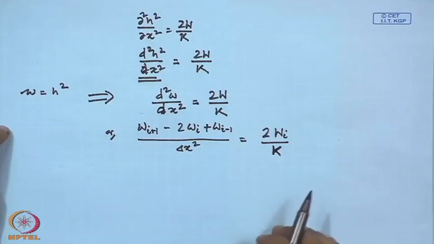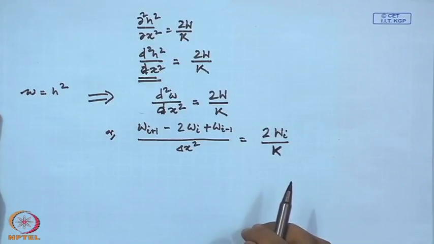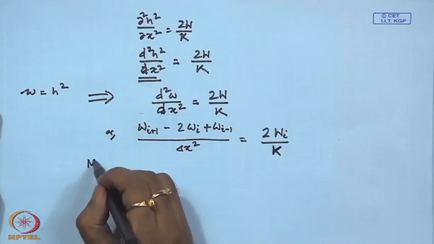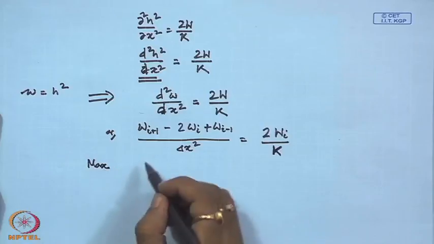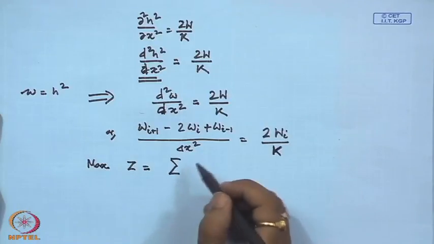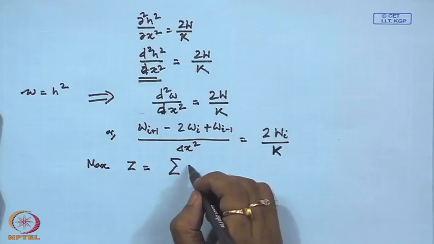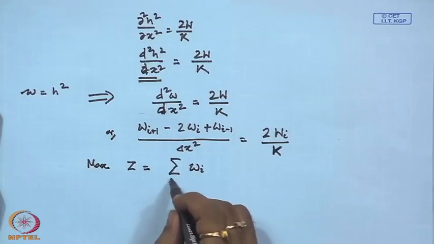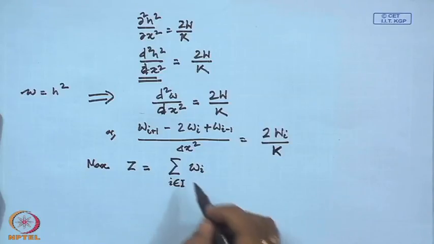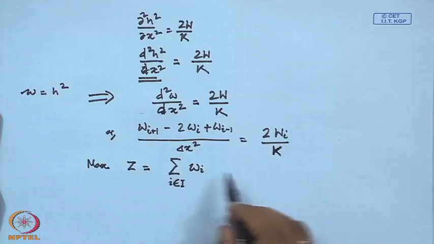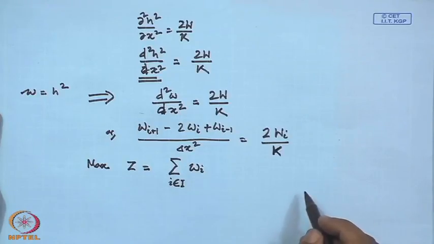Our optimization problem then becomes: maximize z, which is the summation of all small w i's, where i belongs to the set capital I, the set of all wells.